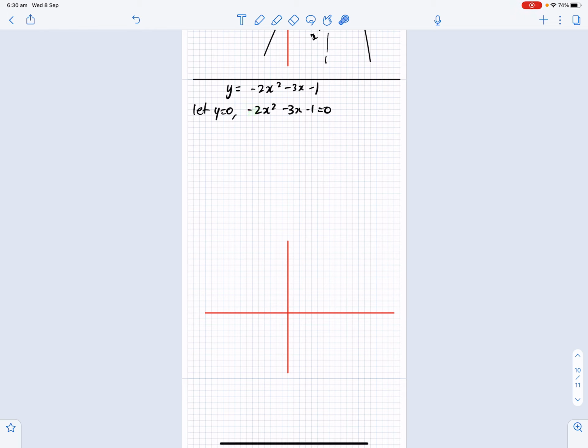We would much prefer to take everything over to the other side. So it makes it 2x squared plus 3x plus 1 is equal to 0. Now what you have is a non-monic quadratic to solve. We're going to use the PSF method to solve this. The product is 2, the sum is 3, so the factors are 2 and 1.